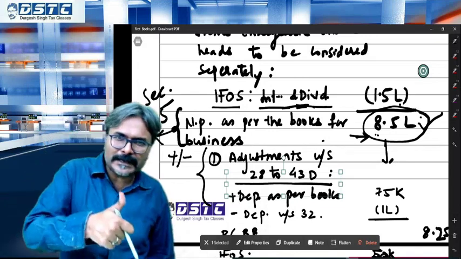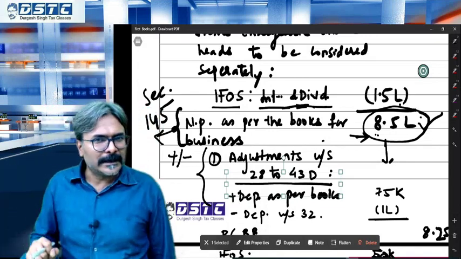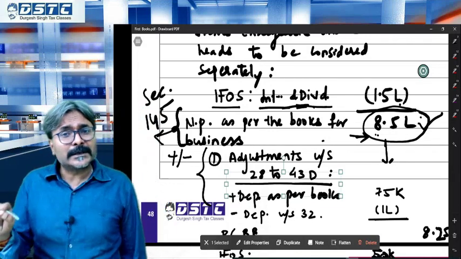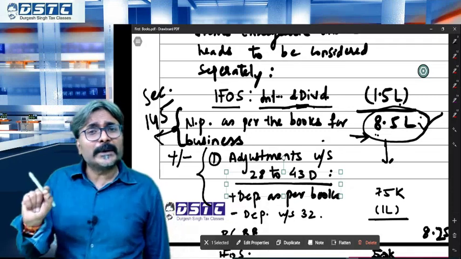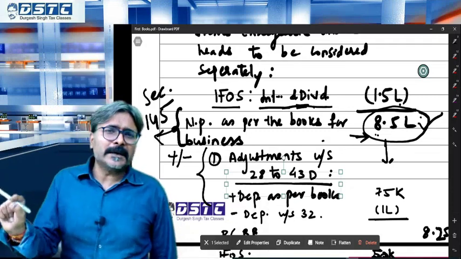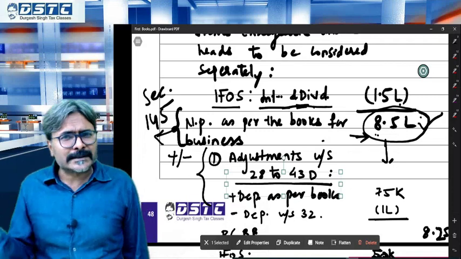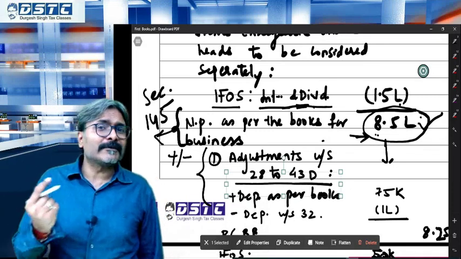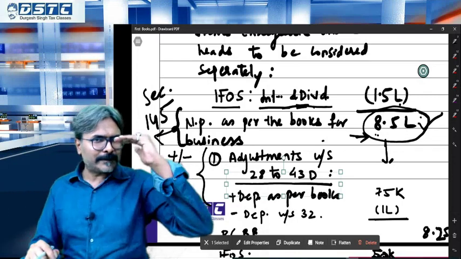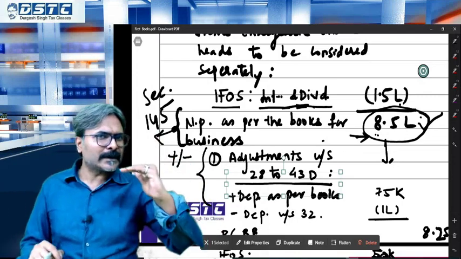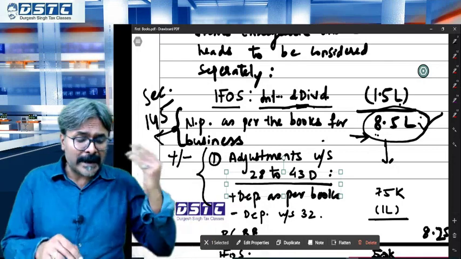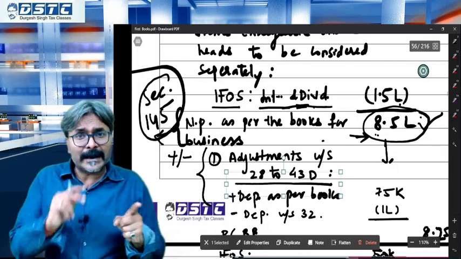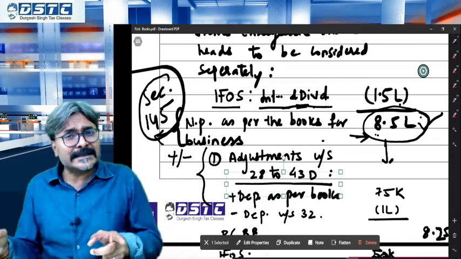So my net profit is as per the commercial accounting principle, which is the mandate of section 145, and on that mandate I am doing the adjustment.